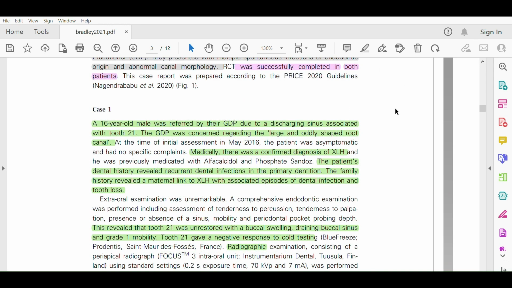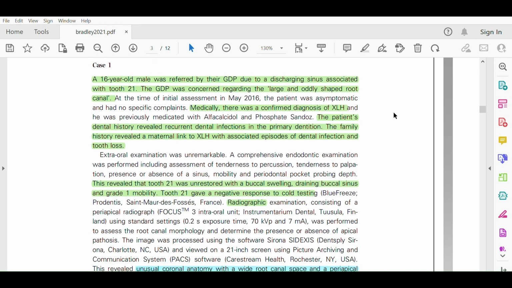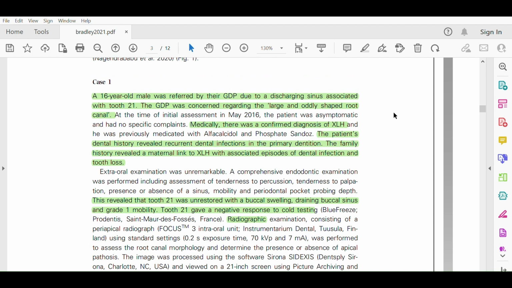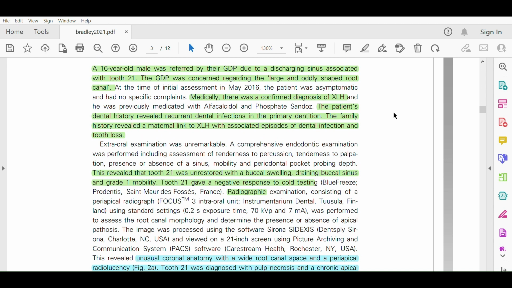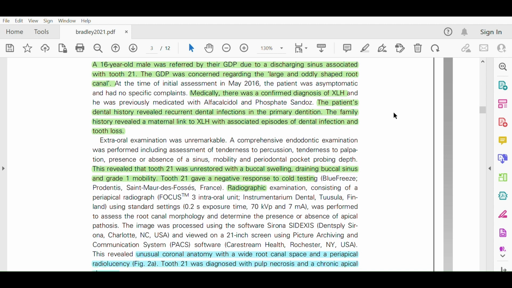The first case is a 16-year-old male patient complaining of a discharging sinus associated with tooth number 21, and medically confirmed to have XLH. The dental history revealed recurrent dental infection in the primary dentition also.